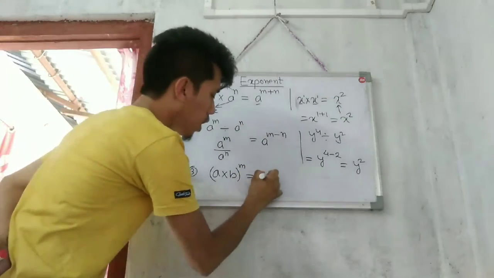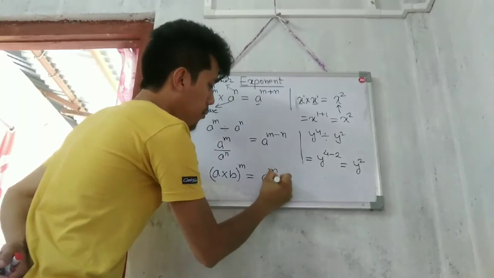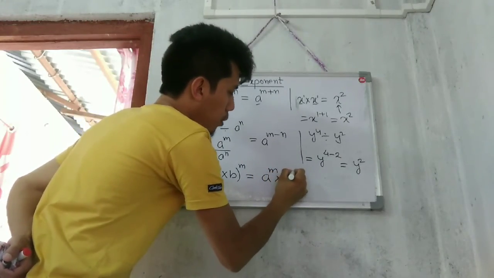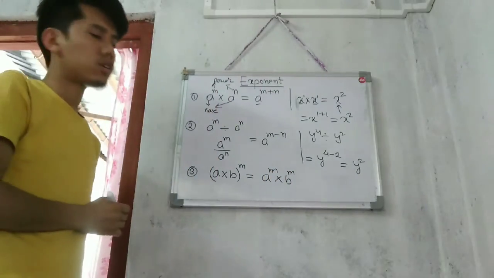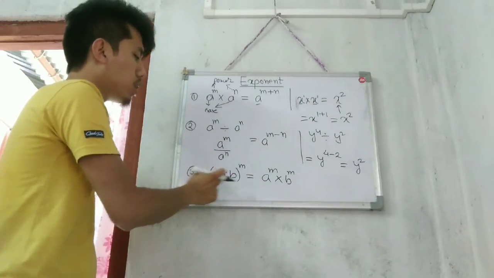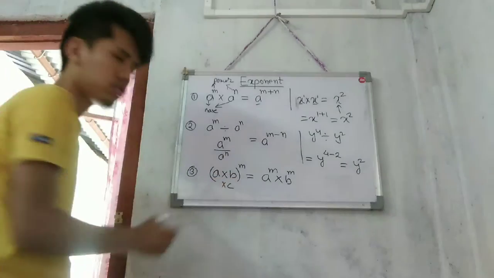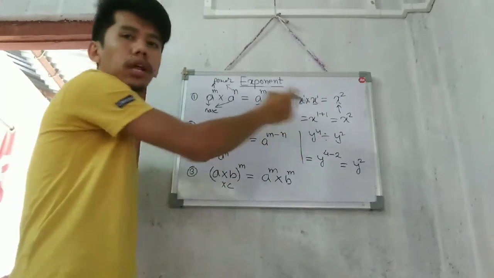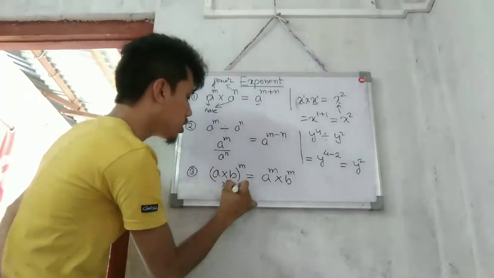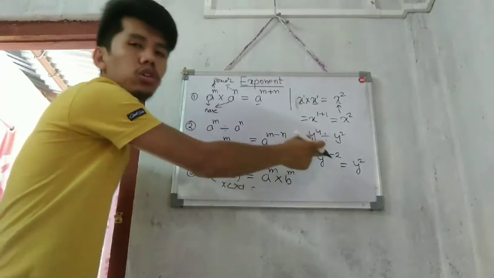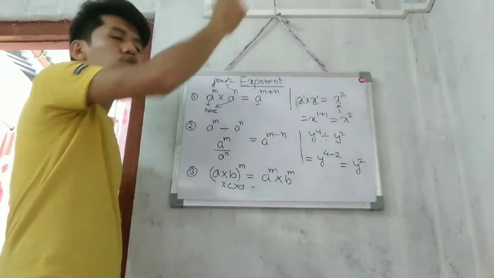So the formula will be a to the power m into b to the power m. So this power will go with both the numbers. Suppose if we have into c also, then into c to the power m. If we have into d, then it will be into d to the power m, and so on.